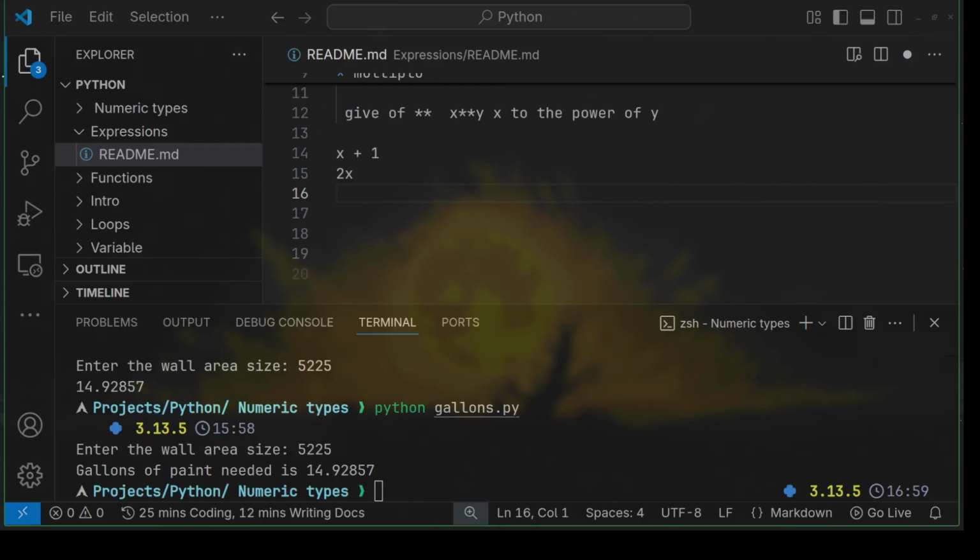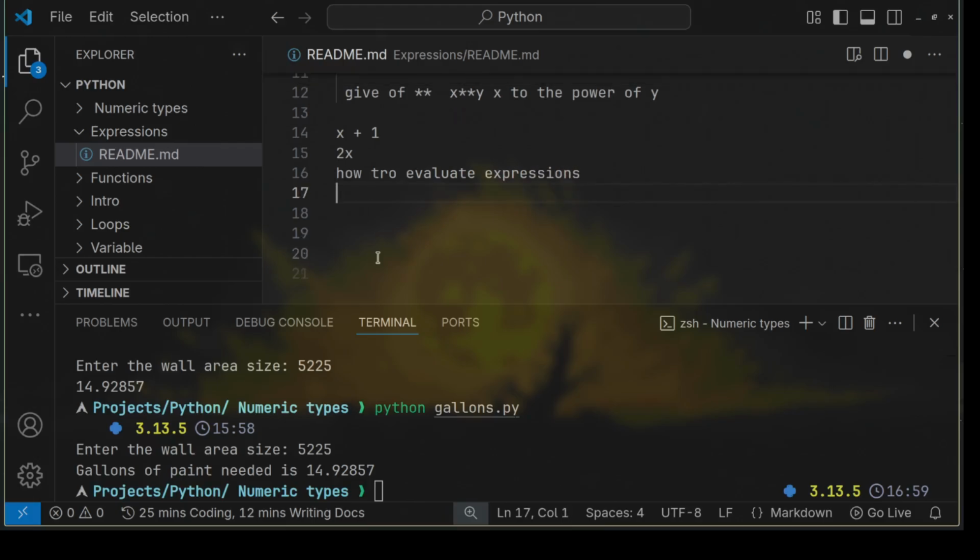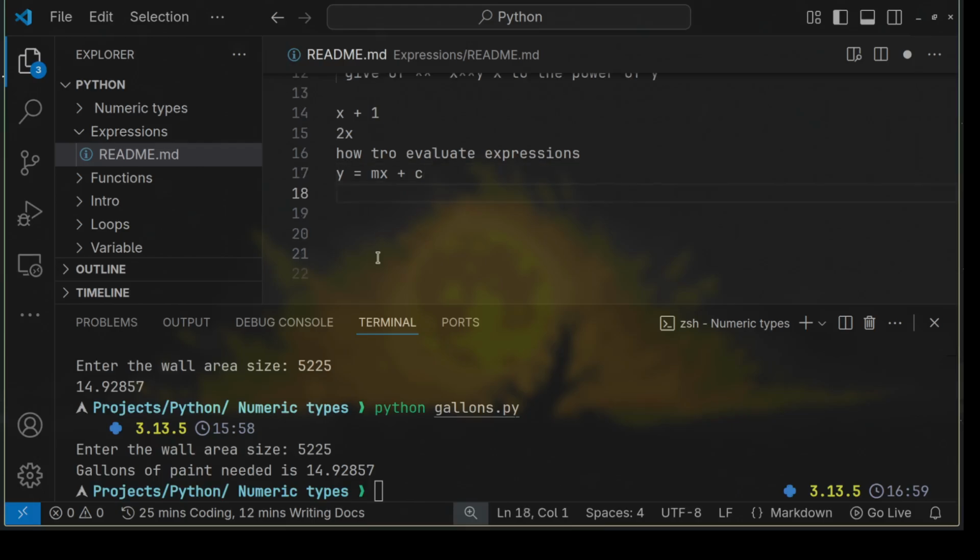So how do we evaluate expressions? Once you have written an expression, you have to evaluate it to a value. For example, a common expression is y equals mx plus c, I guess the rule of a straight line.